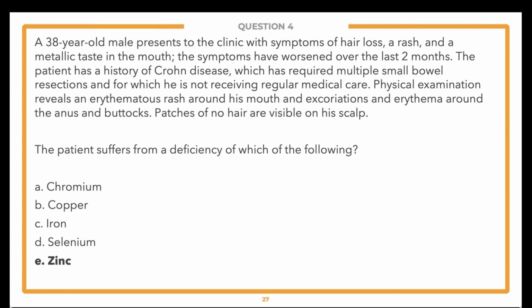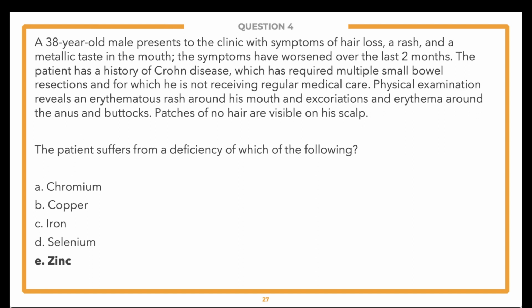So let's look at the other ones here. Very few of you went with chromium. Chromium deficiency is rare, typically limited to hospitalized patients with high catabolic demands. So it typically presents with impaired glucose tolerance and dyslipidemia. The other ones are somewhat more common, but really wouldn't present with the same constellation of physical exam findings.